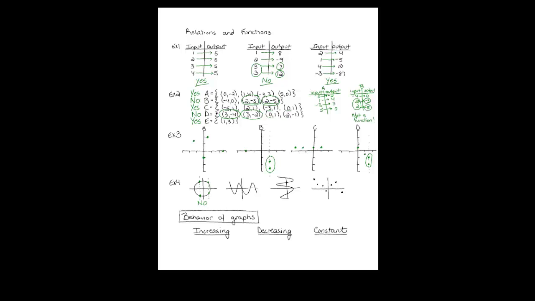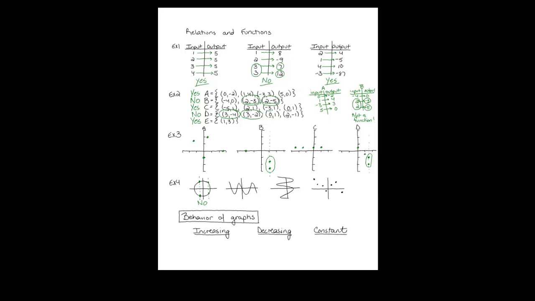Looking at the second graph, if you imagine passing a vertical line through here, as we go along through the function, you will never have a time when a vertical line hits more than one point at once. So this second graph is a function.